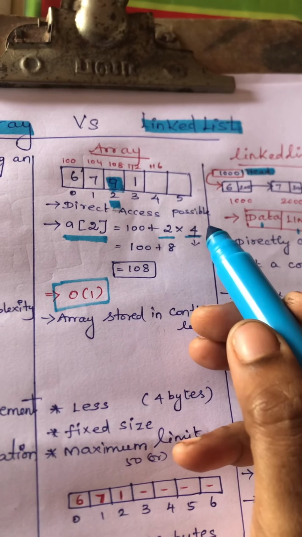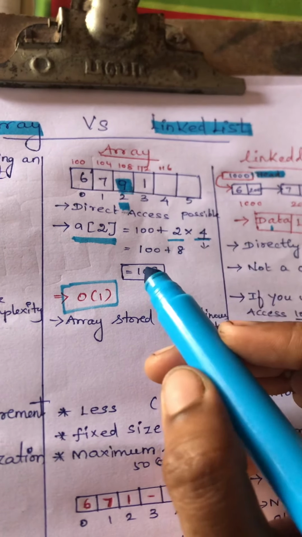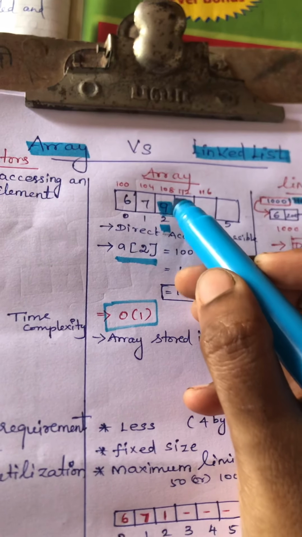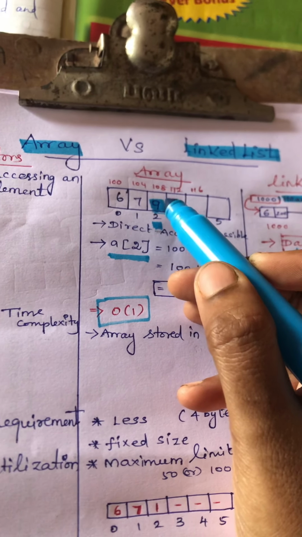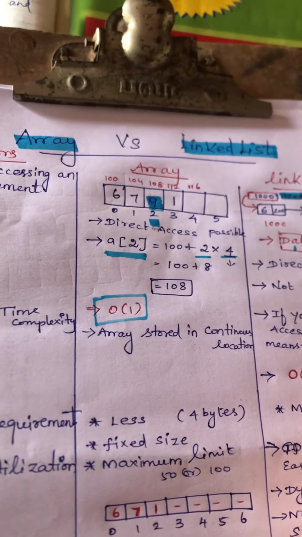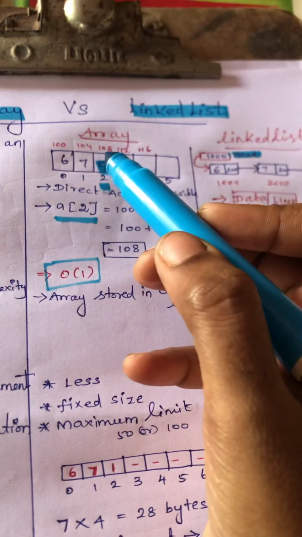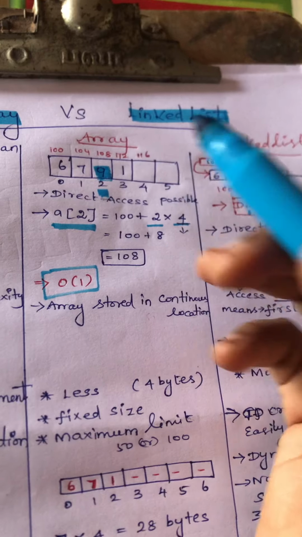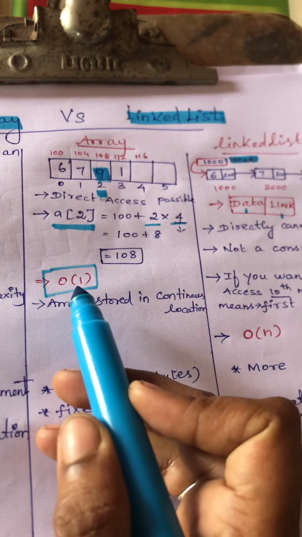Here it is a 4 byte integer, so I used 4 bytes. 2 into 4 is 8, total 8. So the compiler can access from address 108 and it returns the value 9. So in an array, if we want to access data, we can easily access it directly. So the time complexity is order of 1.